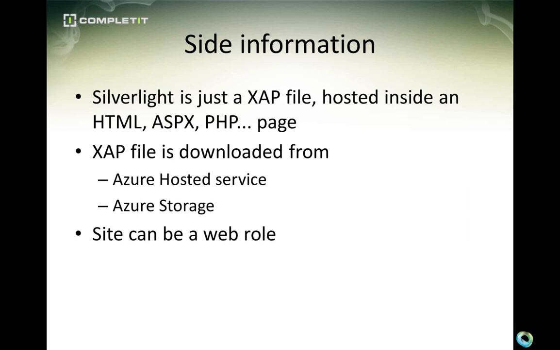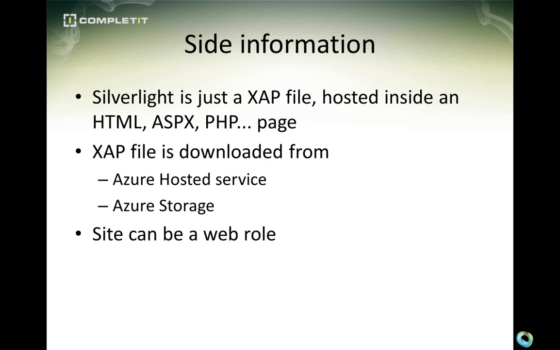The Silverlight application needs to be hosted on some page. It can be an HTML page, it can be an ASP.NET page, it can even be a PHP or JSP page. Doesn't matter. Of course, for Windows Azure, the easiest is an ASP.NET page. The Silverlight application for the rest is just a XAP file. There's really nothing different there. The XAP file, we can include in the hosted service.